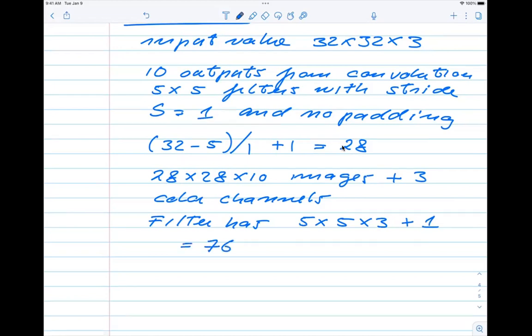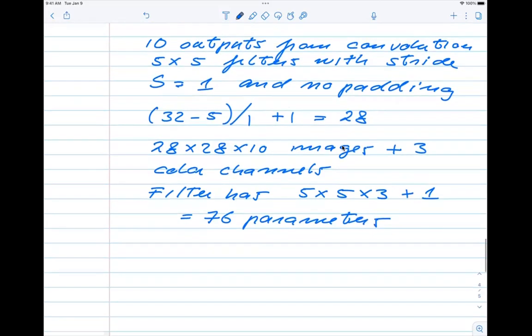These are the parameters which we need to find by the backpropagation algorithm. So these are 76 parameters. And then we have 10 images. That leads to 760 parameters to fit in the convolution stage.